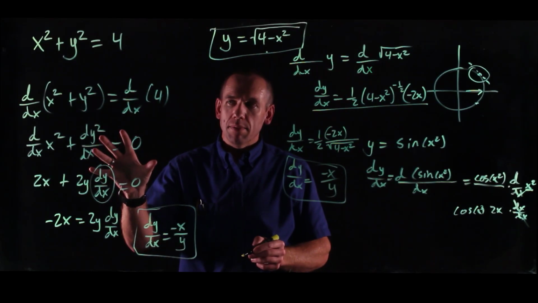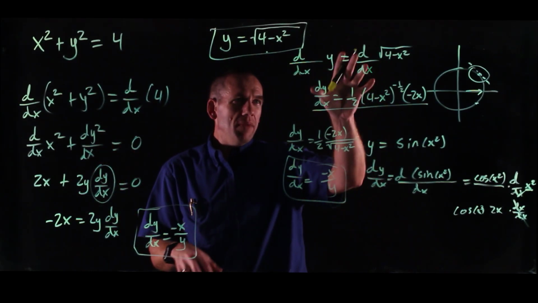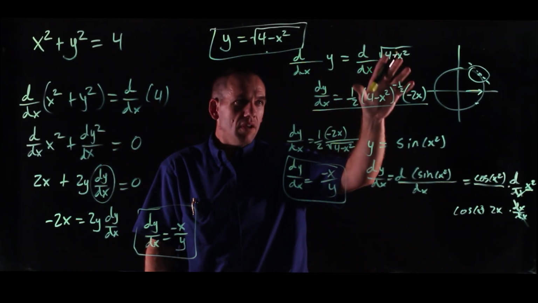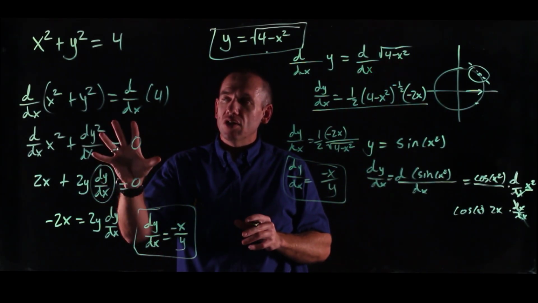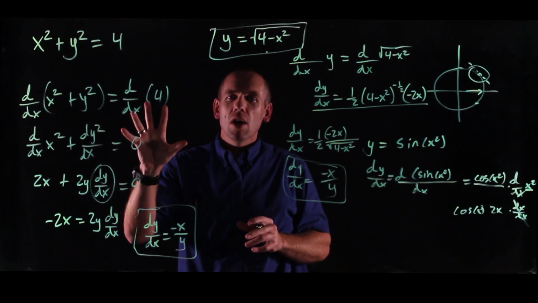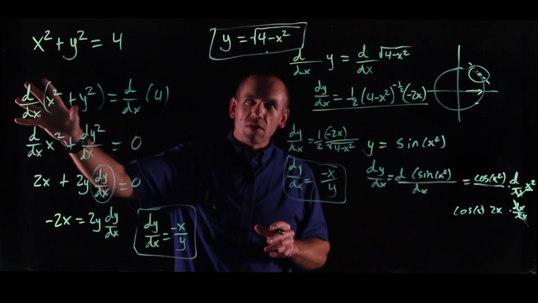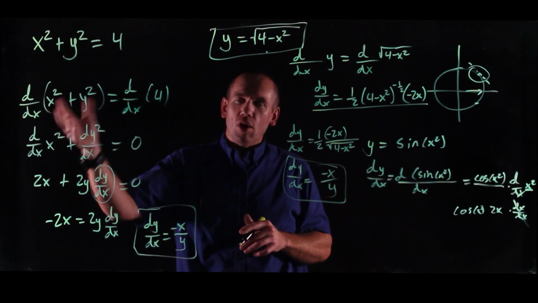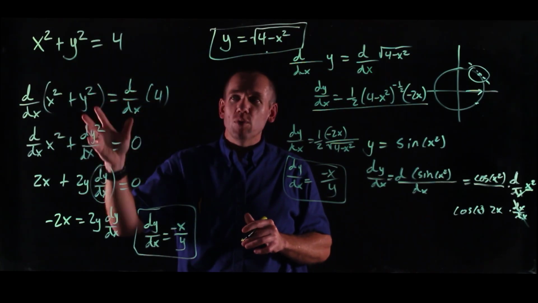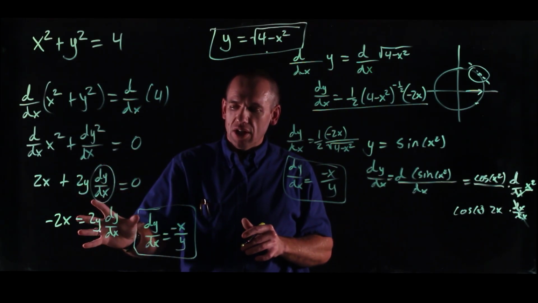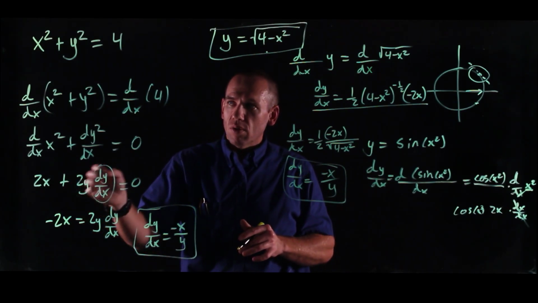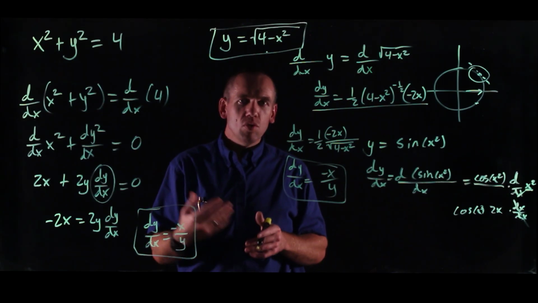Here, we did this implicitly. Here, we made an explicit function of y in terms of x. Implicit differentiation allows us to do this for equations that are a lot more complicated than just a circle. You can't always solve something for y, and even if you can, you might not be able to do it simply. So instead, we do the implicit differentiation. Really, you take the derivative of each term following all the rules you normally would.